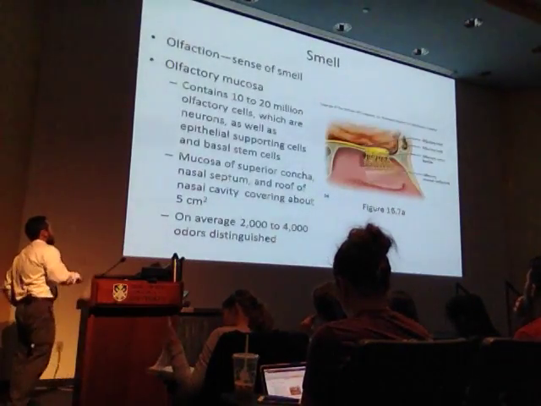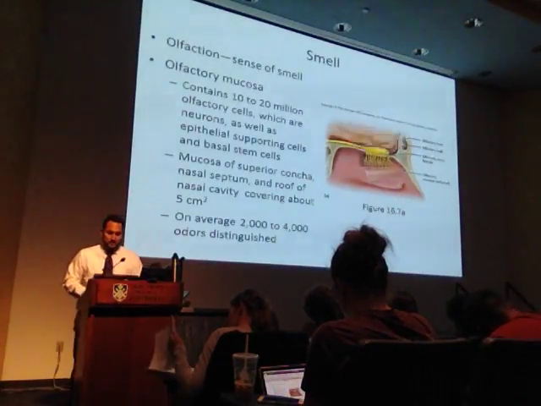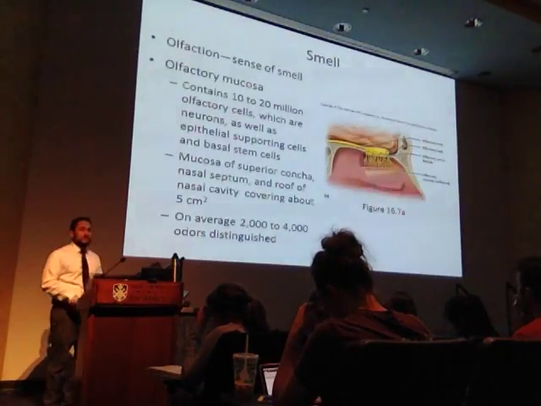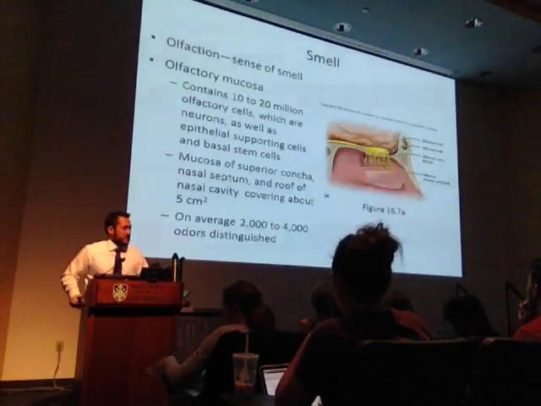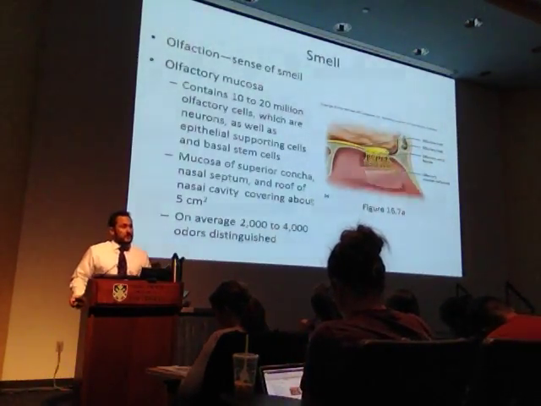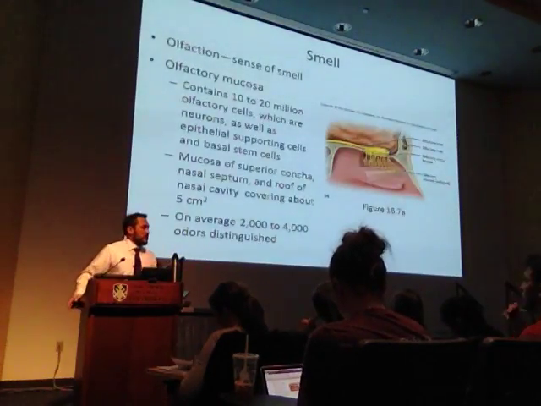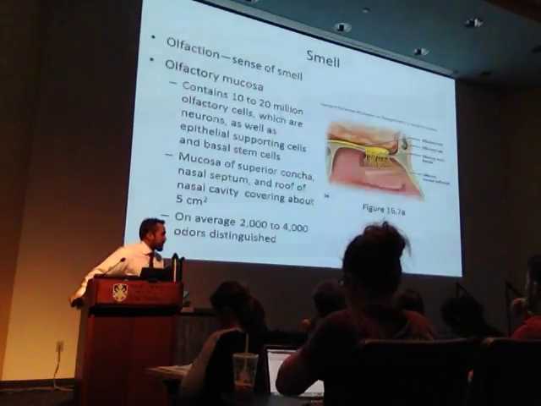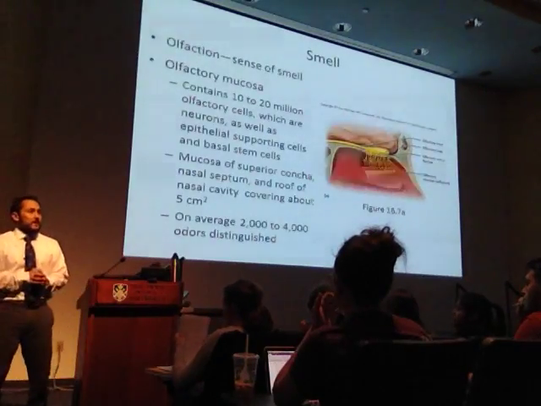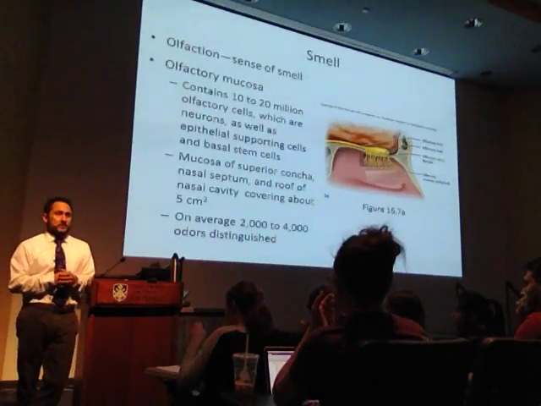We've got about 10 to 20 million olfactory cells. And on average, we can distinguish not 5 chemical differences, but 2 to 4,000. So there are different variations of sweet, different variations of salty, different variations of bitter. This is the reason I talked about it last time we were together. When you have a head cold, one of you actually had a cold this weekend and said it was terrible.